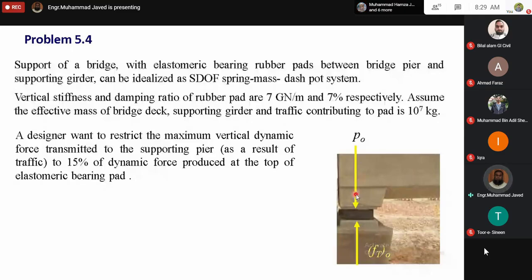So due to moving traffic, a harmonic force P naught acts at the top of the bridge, and the peak value of harmonic force is P naught, and Ft naught is the corresponding value of force transmitted at the foundation.